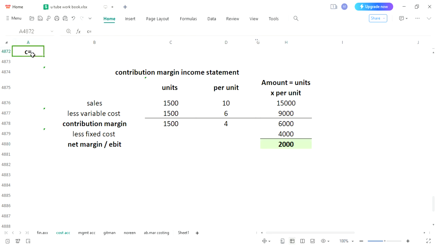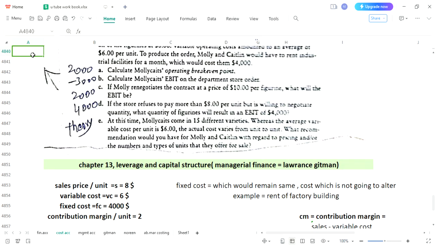We will now be looking forward to D part. If the store refuses to pay more than 8: now in C part they negotiated to fix the price as rupees 10. But instead of 10, the store which is giving the order to these sisters is saying we will not pay more than 8. So what will happen?